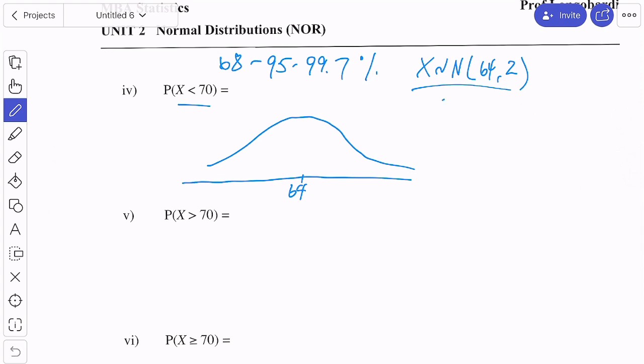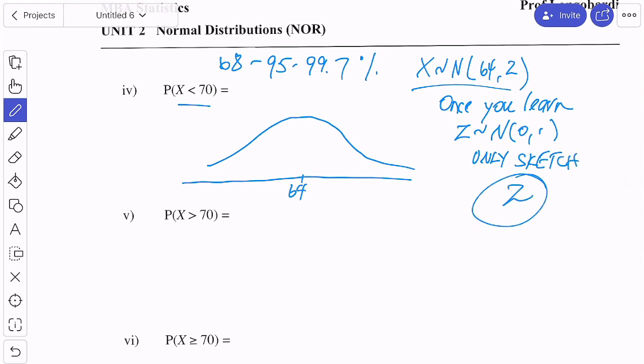However, once I teach you, or once you learn about the standard normal distribution, only sketch Z, okay?